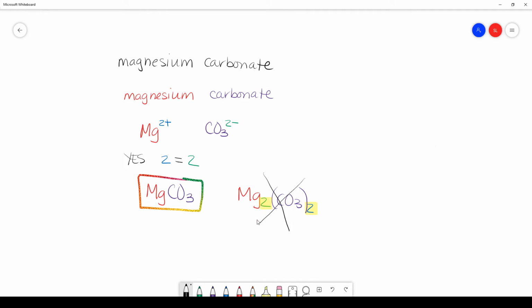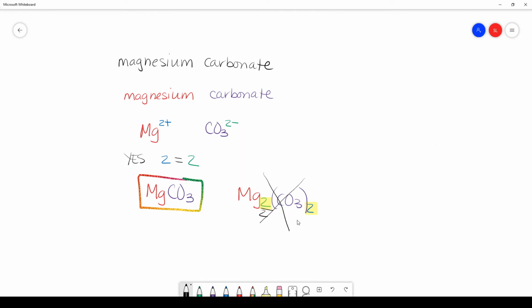One of the things that we should be doing is taking a look at our final chemical formula and deciding, can we reduce those subscripts? And in fact, we can with this chemical formula.